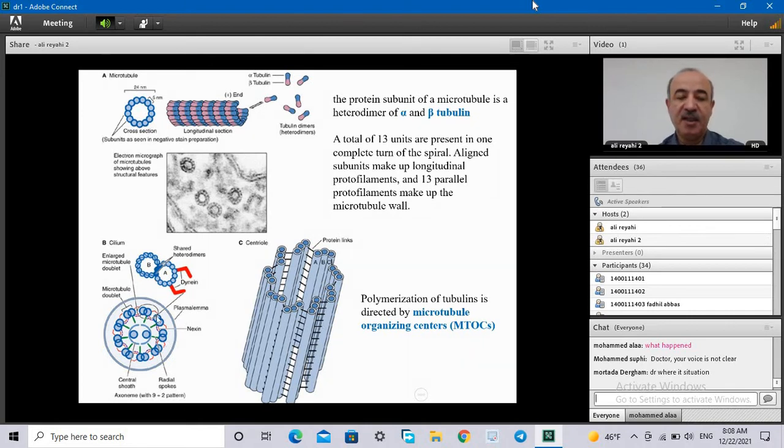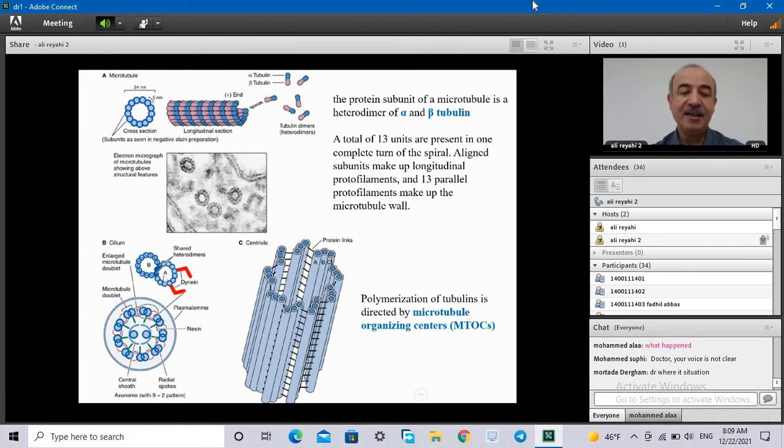The 9 doublet microtubules are located in the axoneme, and we can see this pattern within the cilia or flagella.